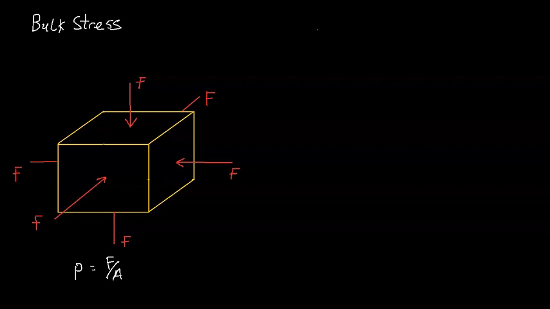Again, using Hooke's law, our bulk strain is proportional to our bulk stress. Our bulk strain is equal to the change in volume of the object divided by the original volume of the object. And like we said before, our bulk stress is equal to the pressure, or the change in pressure, that the object experiences.